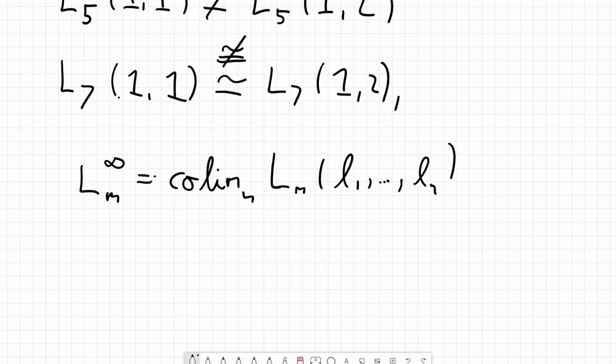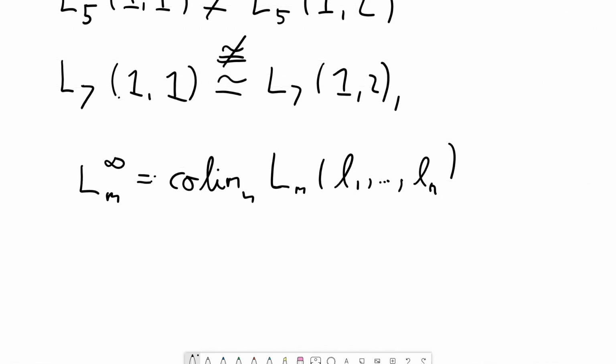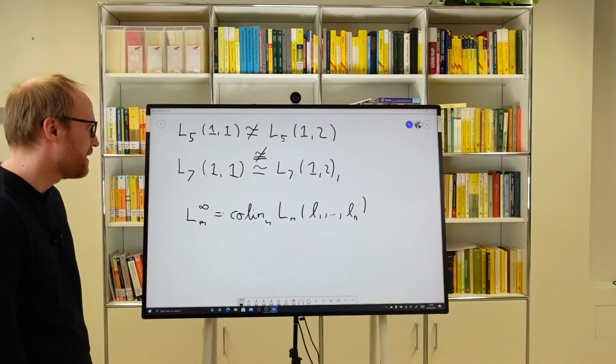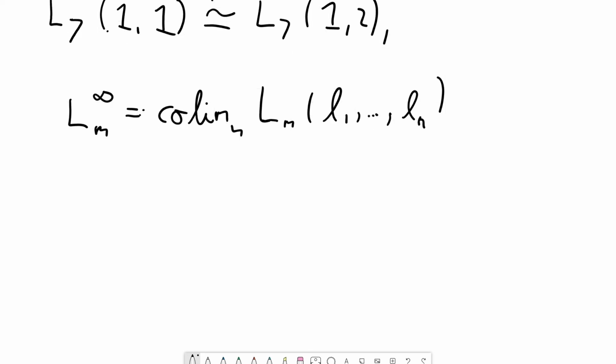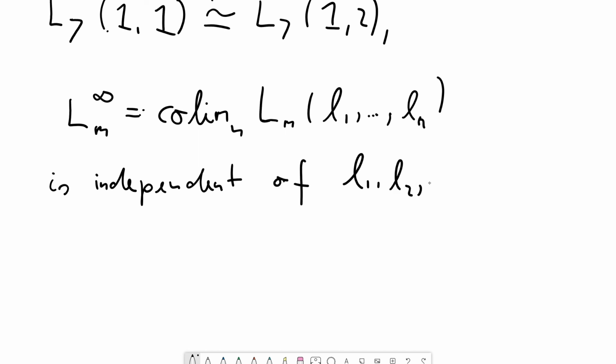And the strange thing is, despite that the homotopy type and homeomorphism type of those finite lens spaces does depend on the integers, this one doesn't anymore. So this one is independent of any sequence of integers coprime to m that one might take here. So it's independent of L1, L2, and so forth, coprime to m.